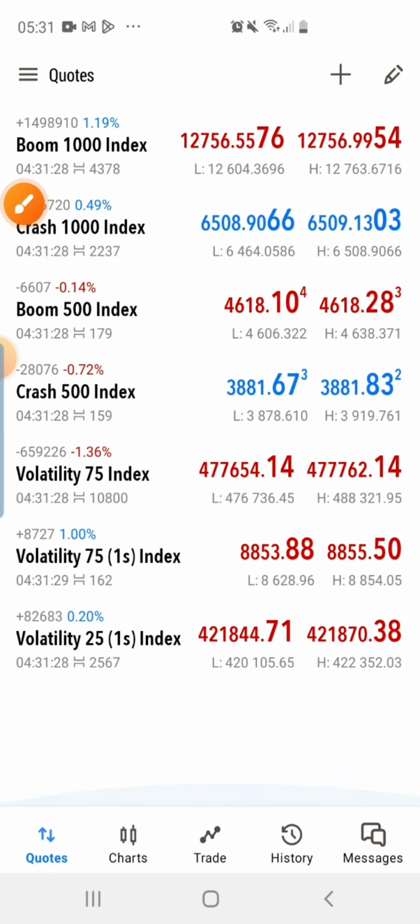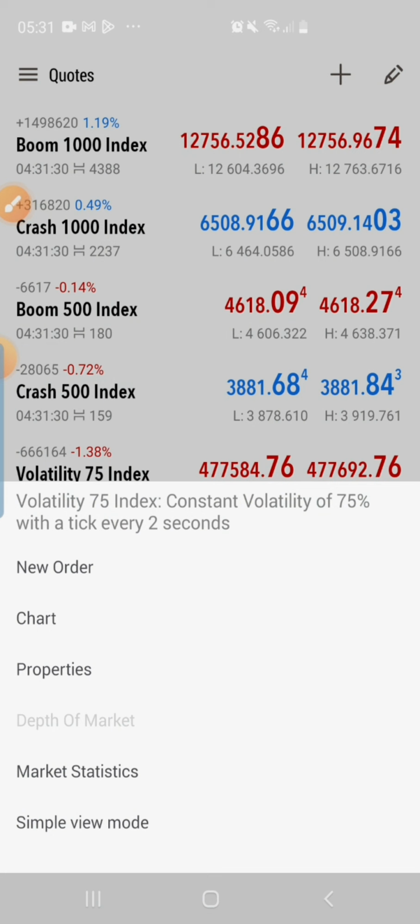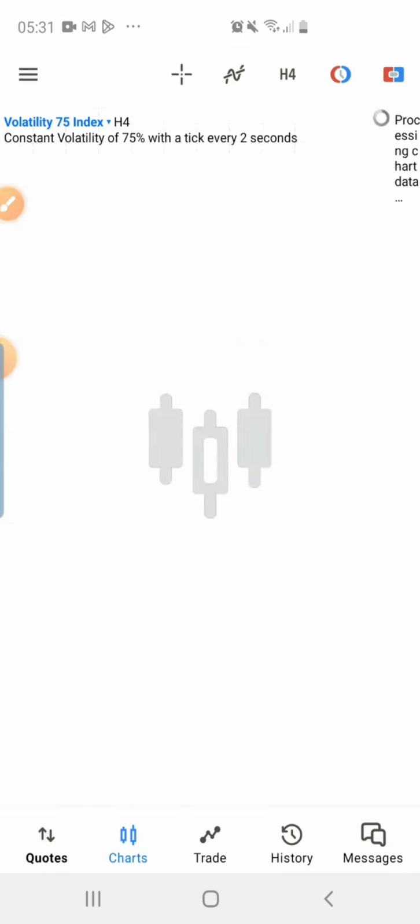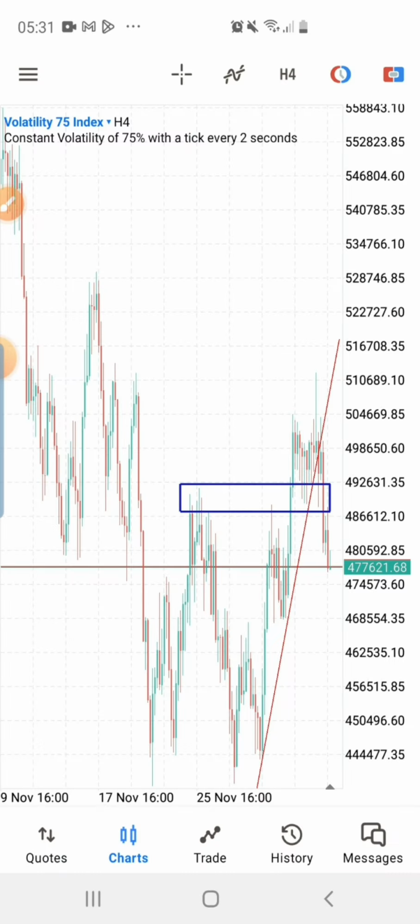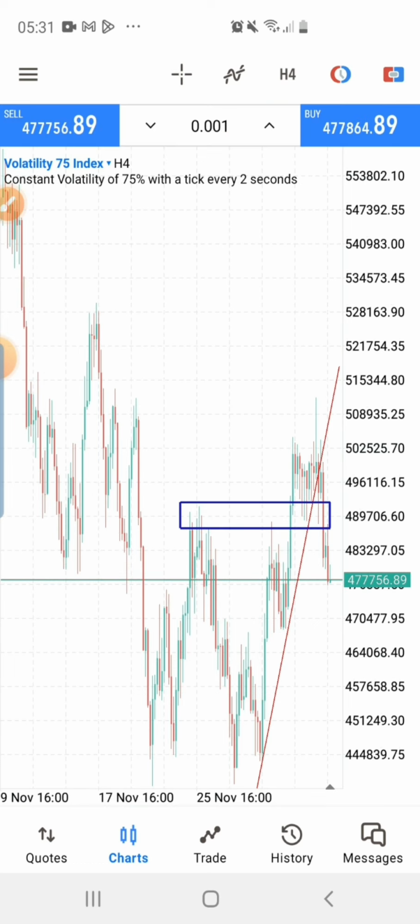Then when you come to VS75, pay close attention. Make sure, if you click this point, you can see I have 0.001. Make sure you don't exceed this lot size if you must trade this. Why I put this is that some people want volatility that moves, okay?